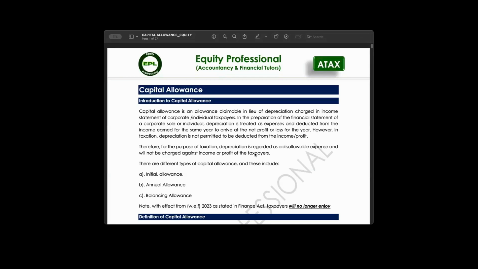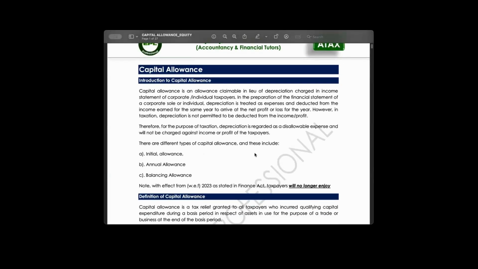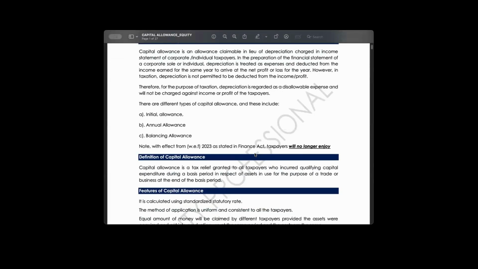So when you talk about capital allowance, it is an allowance granted to a taxpayer who has incurred qualifying capital expenditure and put the same assets into production use at the end of the basis period. That means you must have used these assets in generating taxable income.